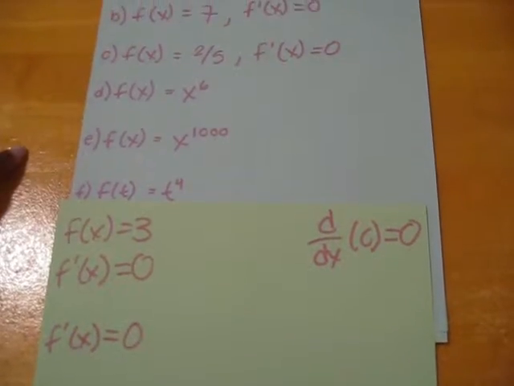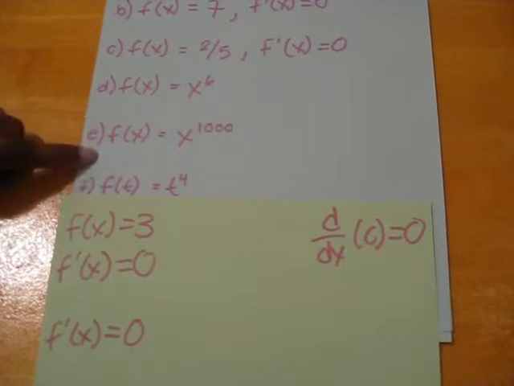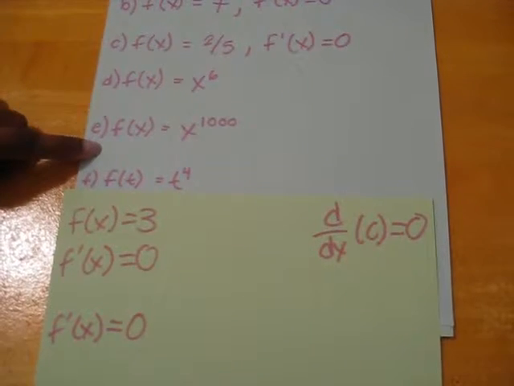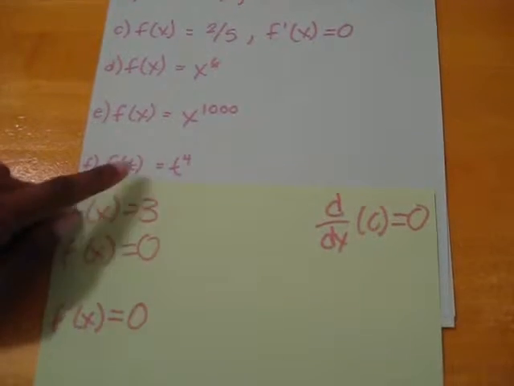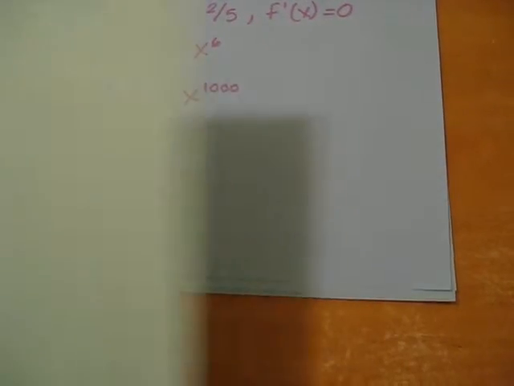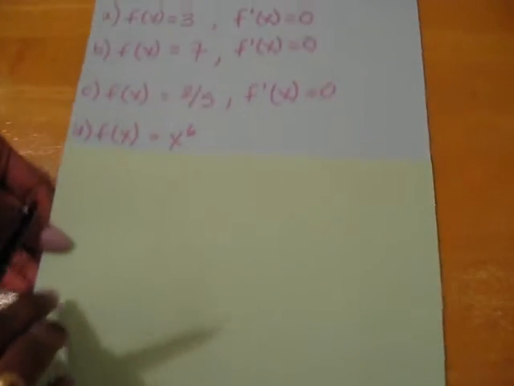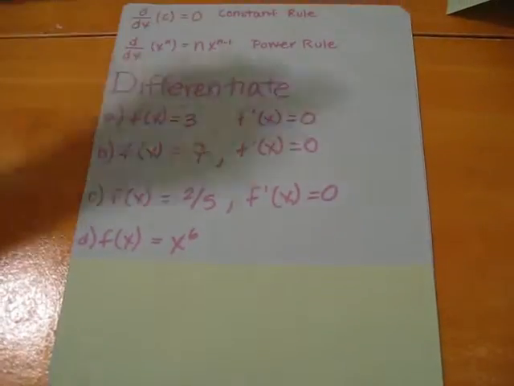We have three here. f of x equals x to the 6th, f of x equals x to the 1000th, and f of t equals t to the 4th power. So let's begin. Here, we're going to use the power rule.